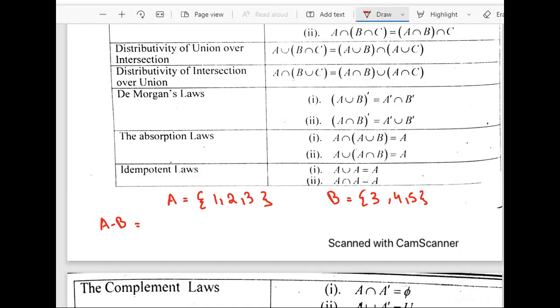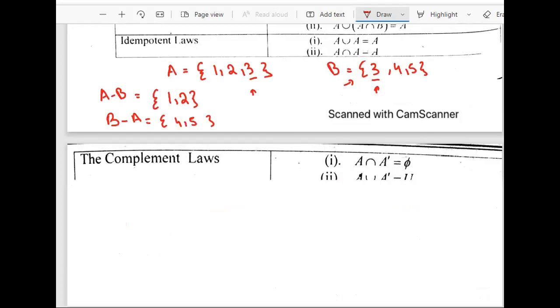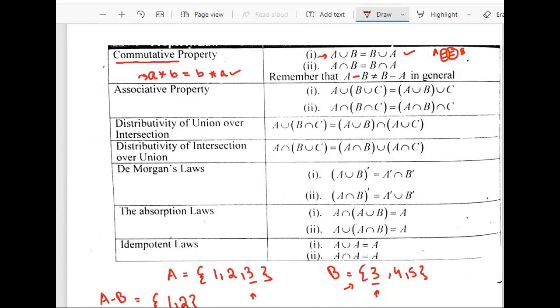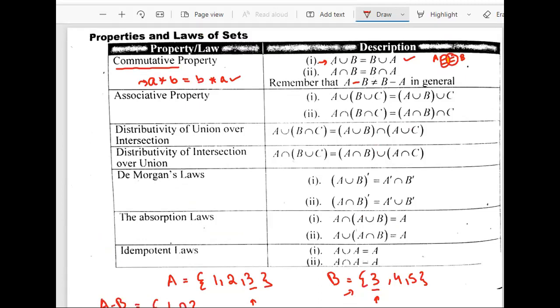And that is 3. So in A minus B, we will have elements of A and we will not write down those elements which we have in B as well. So this is what I will have for A minus B. And for B minus A, I am going to have every element of B except those which are in A as well. That again is 3. So I will have 4 and 5 only, right? So this is why A minus B is not equal to B minus A in general.